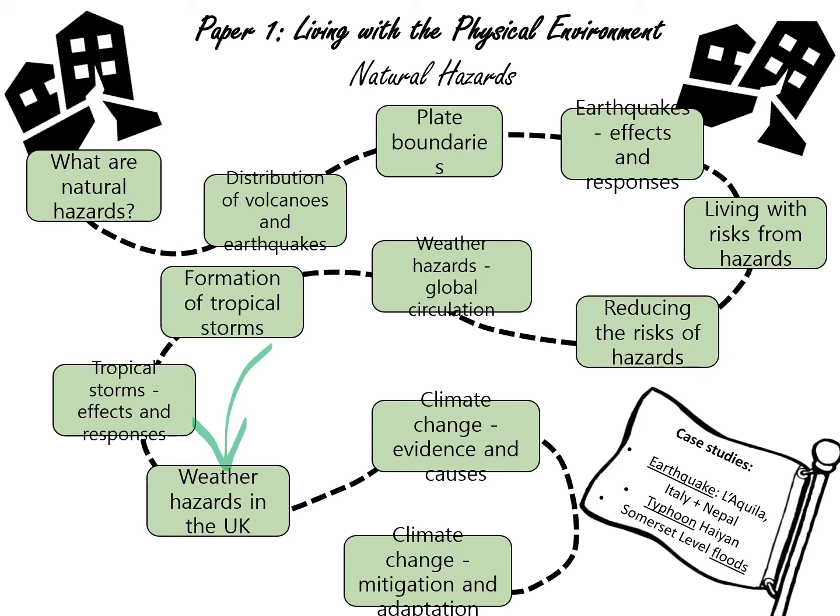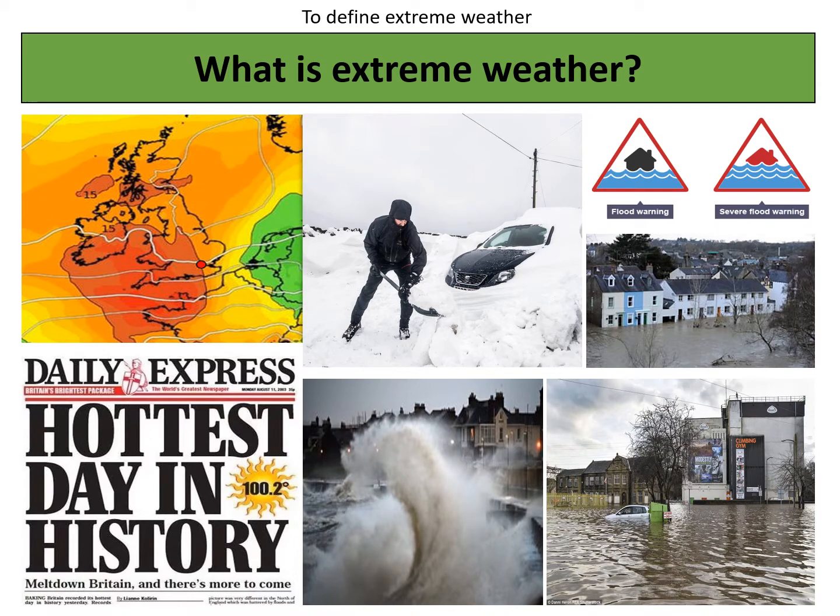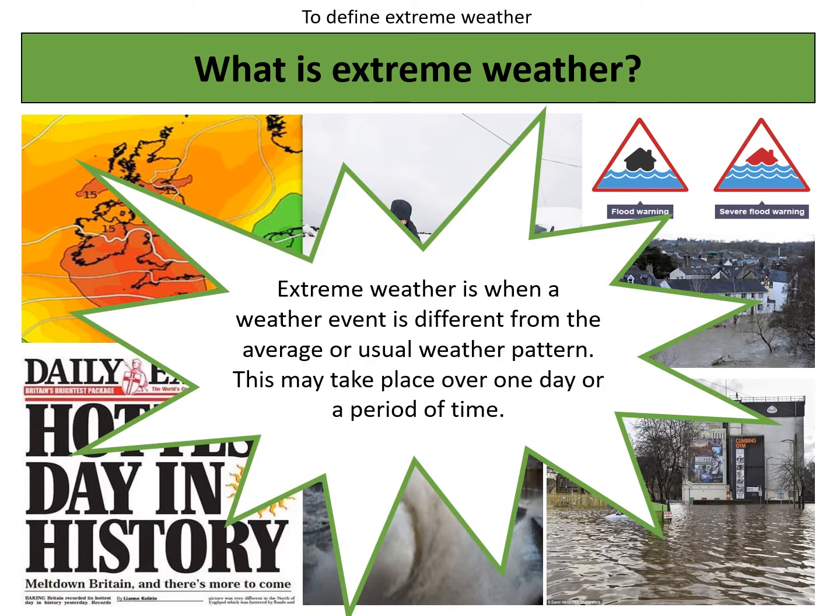So let's get started. Okay, so what is extreme weather? Using these images on the board, can I get you to write down a definition for extreme weather and then give examples of extreme weather that you have experienced in England, or just use the images to help you. So extreme weather is when the weather event is different from the average or usual weather pattern.